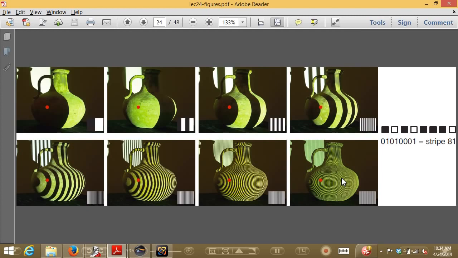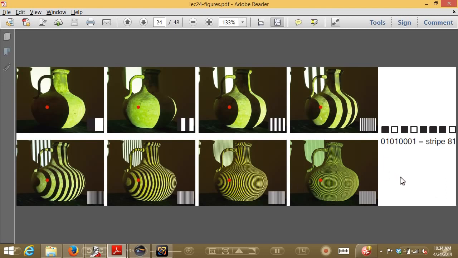Here's an example of what I mean. Here is a 3D object, and what I've done is shown 8 different patterns onto the object. These are binary patterns that increase in how often the white and black alternate. At this red dot, the pattern of dark and light, or off and on, that I see looks like this: black, white, black, white, black, black, black, white.